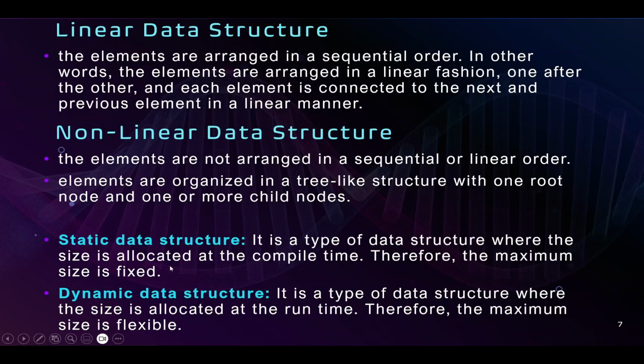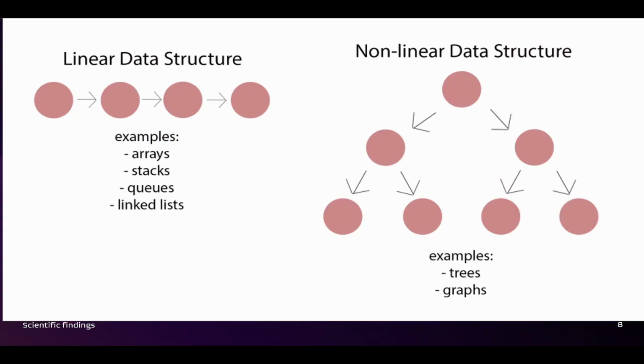We also have dynamic data structures like linked lists. These are data structures where the size is allocated at runtime. Therefore, increasing and decreasing the size of these data structures is flexible, like a linked list. We can add as many items to the linked list at runtime as we want, and also we can remove as many elements as we want from the linked list data structure.